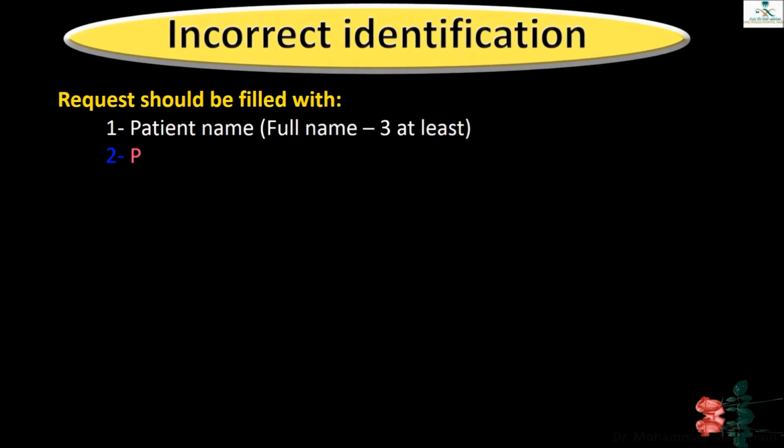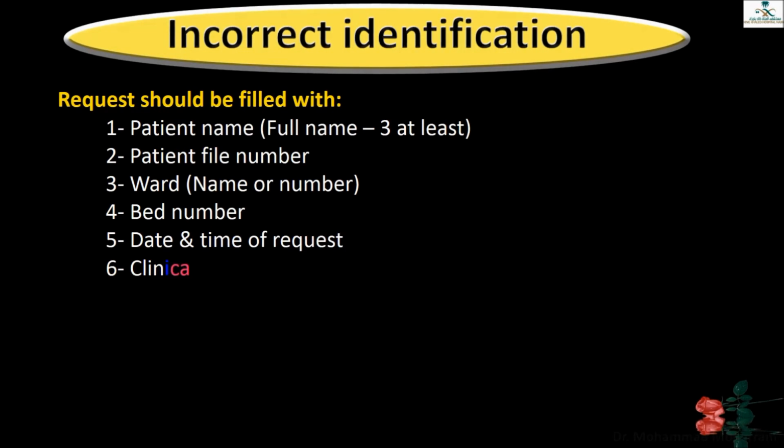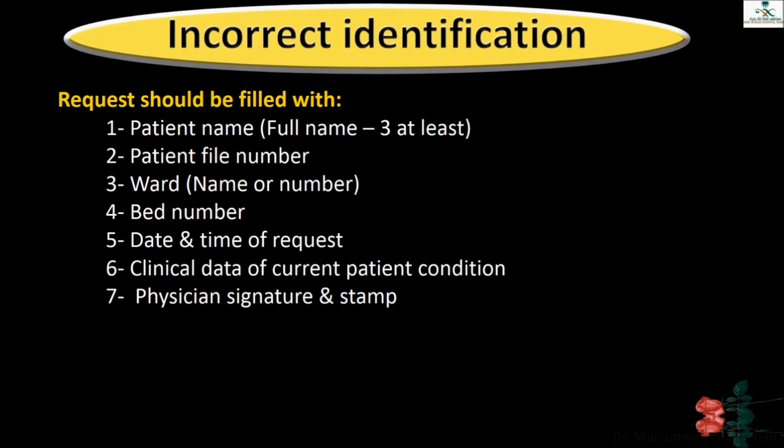The next pre-analytical error is incorrect identification. Request should be filled with patient name, patient file number, ward, bed number, date and time of request, clinical data of current patient condition, physician signature, and stamp.